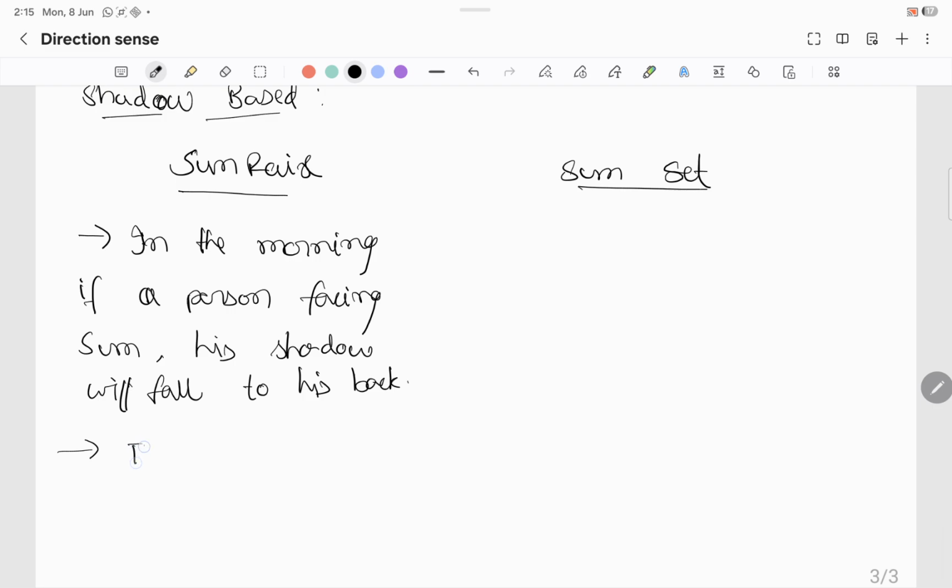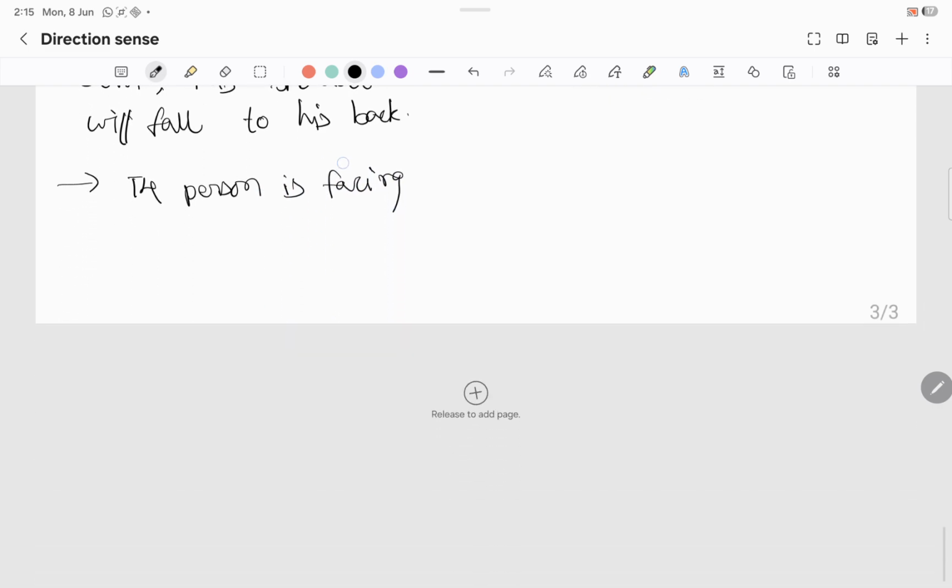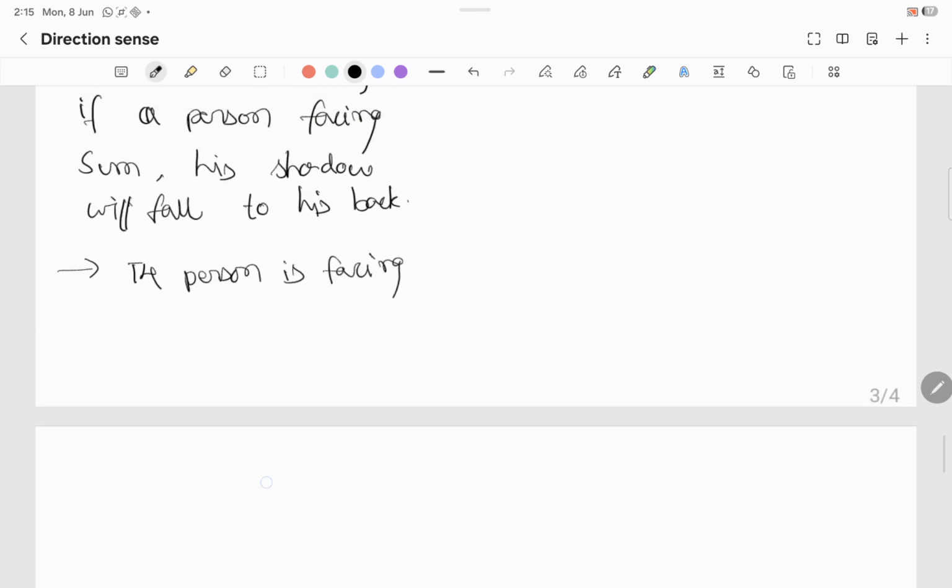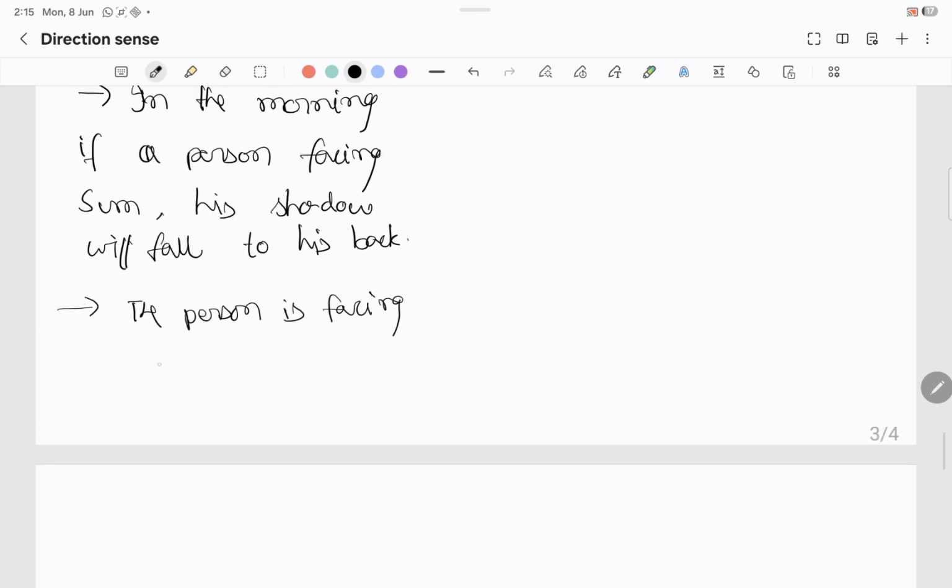Suppose the person is facing the direction of the sun, or the opposite.